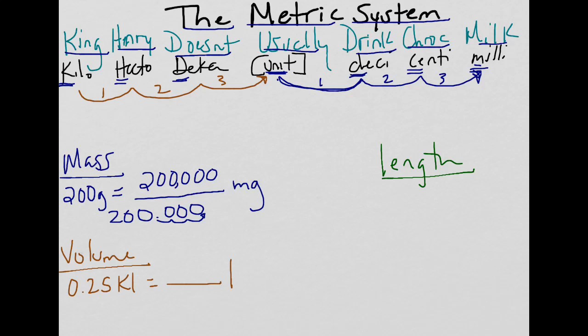So 3 jumps to the right. So you're going to write out what you're working on, and we're going to add a 0 there so that we can jump 1, 2, 3 and put our decimal point there now, which would give us 250 liters.